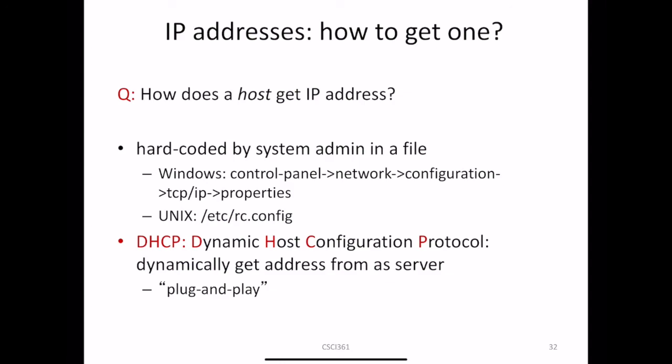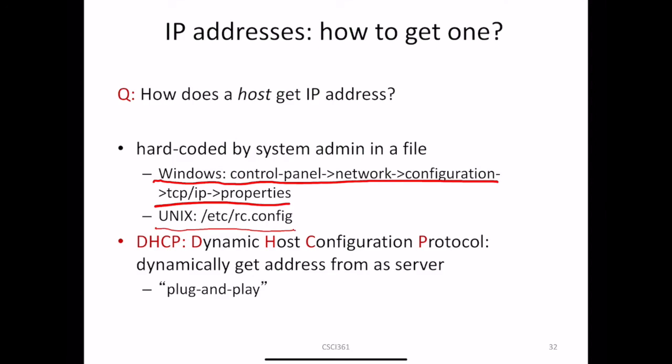Then we can write it down in notes, and when we get back, we open our computer, and through this path, if you use a Windows computer, you can manually type the IP address given by the network administrator into this location. If you use a Unix system, you can open this file and put your hard-coded IP address there.